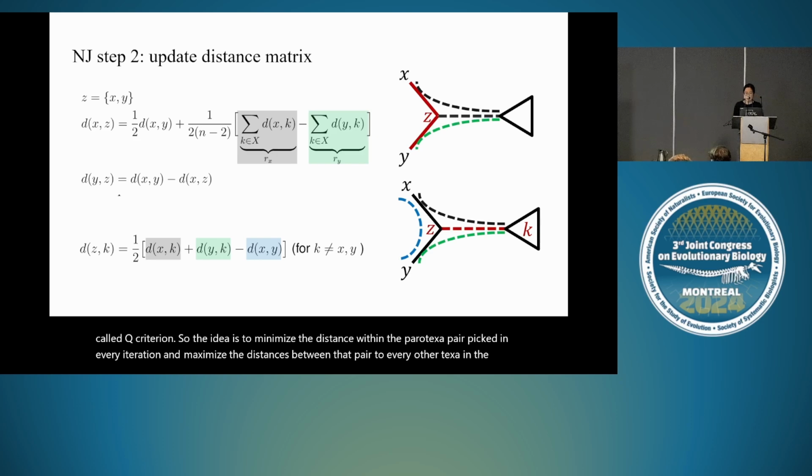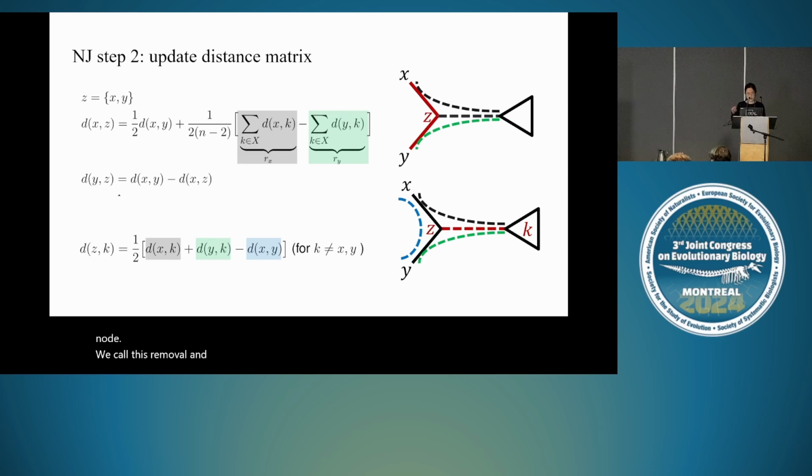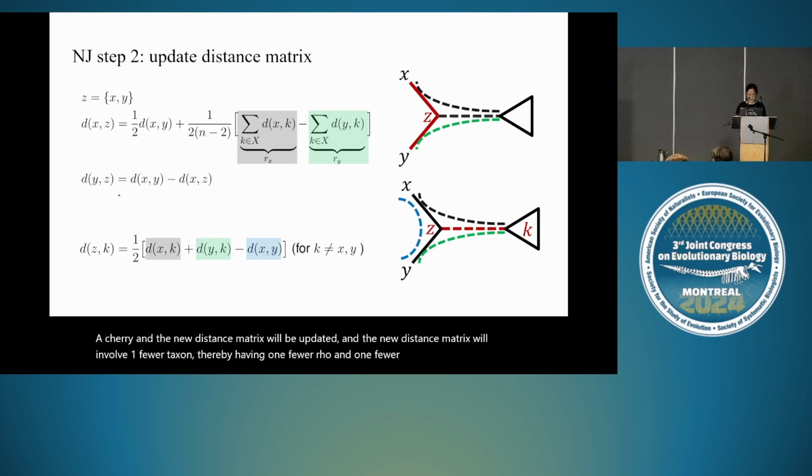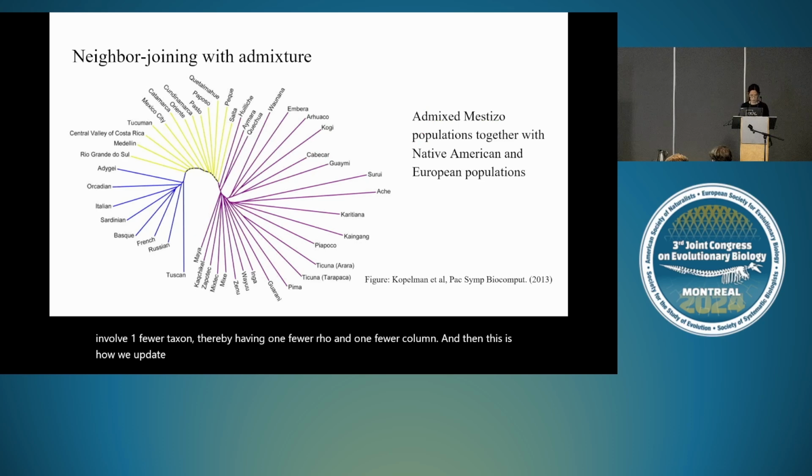Every time a pair is chosen, we remove that pair of taxa from the tree and add a new node. We call this removal and addition a cherry. The distance matrix is then updated, and the new distance matrix involves one fewer taxon, thereby having one fewer row and one fewer column. This is how we update the distance matrix.